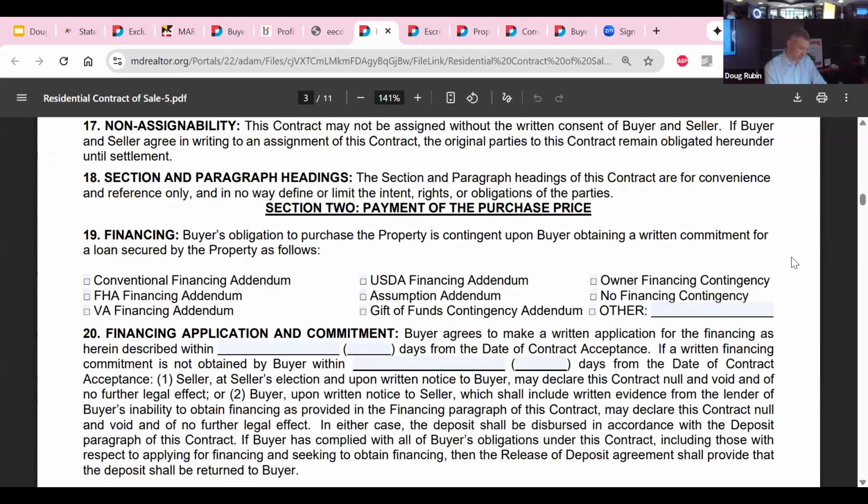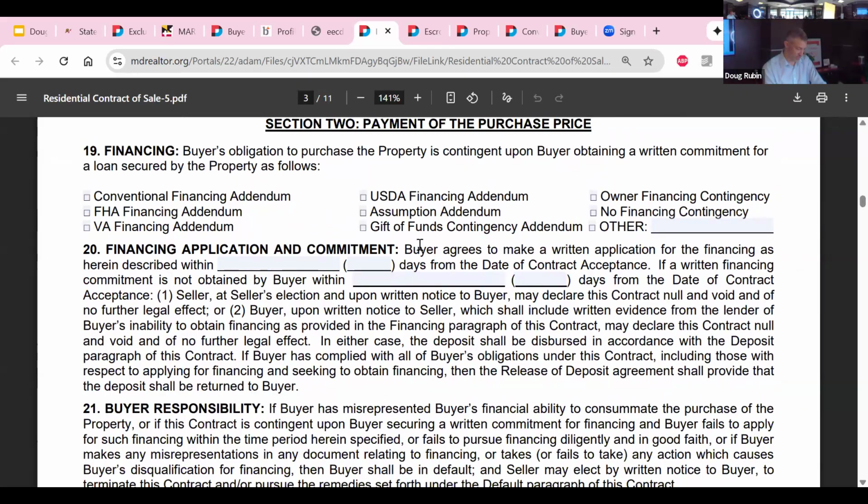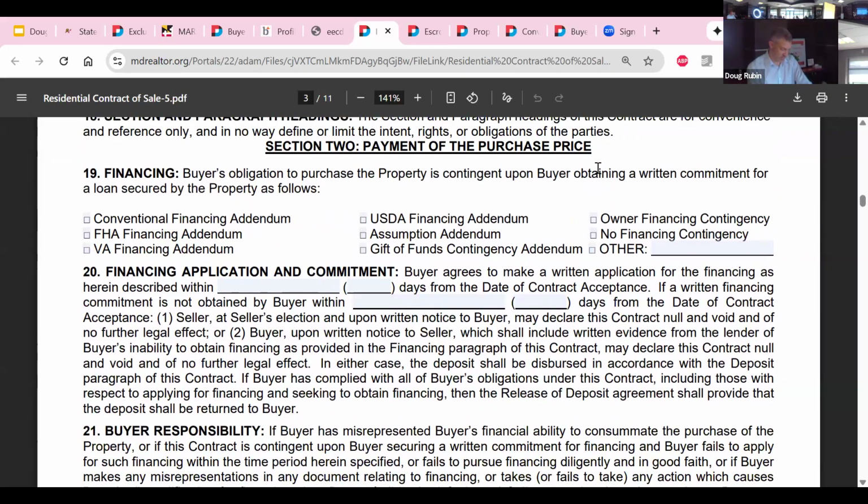So what you would do is say the purchase is contingent upon the buyer obtaining a written commitment for a loan secured as follows. So you would put in here hard money lender in paragraph 19. So it would still make it contingent upon those funds being available. Okay.